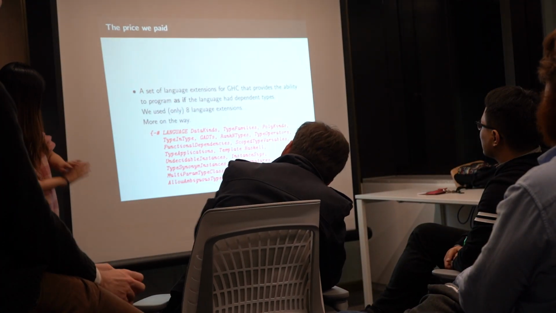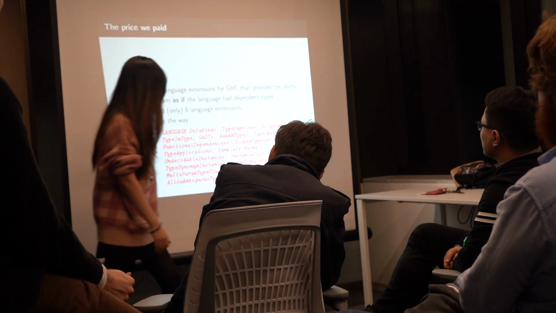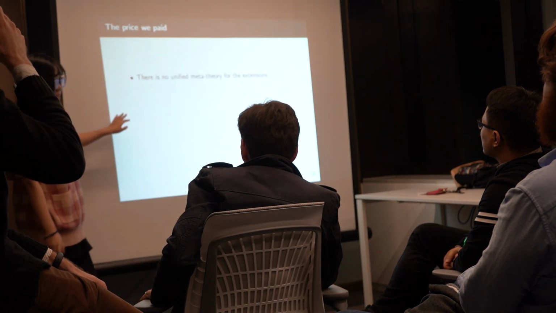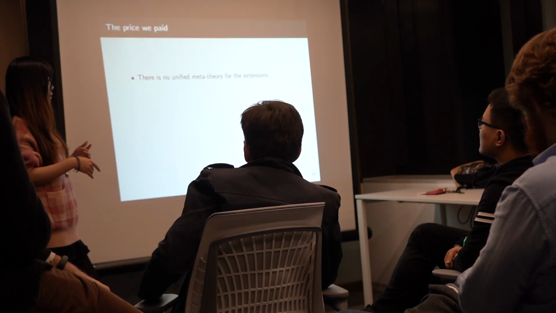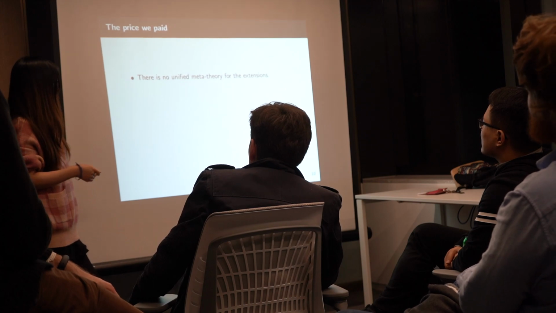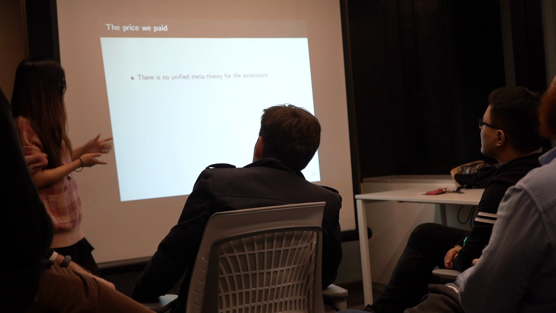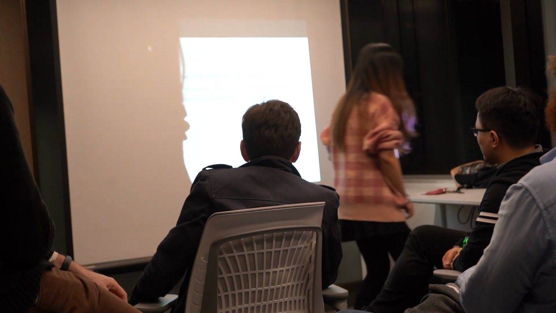If you have more fancy programs, the problem is there is no unified metatheory for these extensions. Basically, for each extension, you will find one paper for it, and in that paper it introduced this extension, but it may not introduce well how it interacts with other extensions.